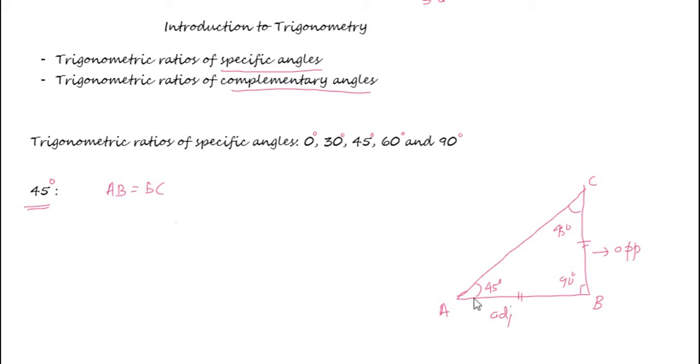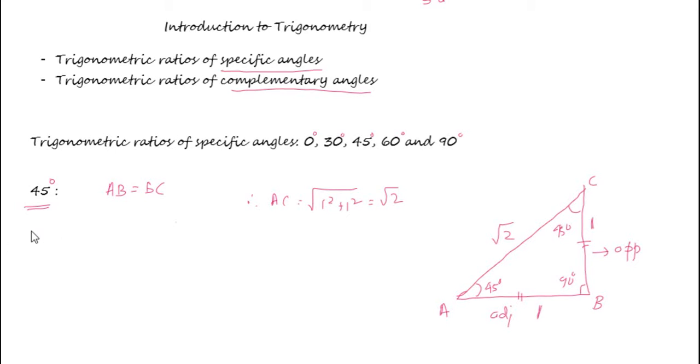Let me take side AB as 1 unit. Then side BC is also 1 unit because it is an isosceles triangle. Therefore, AC is square root of 1 square plus 1 square equal to square root of 2. The value of hypotenuse is root 2.